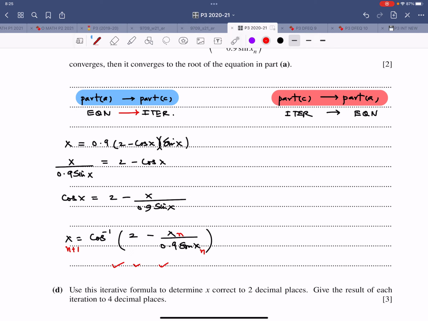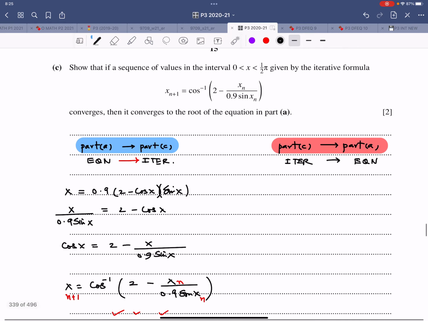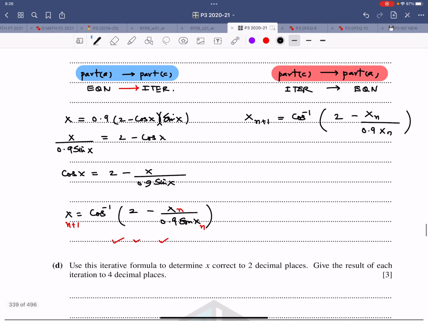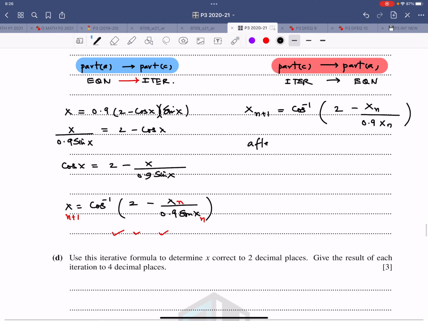What about the other one? Iterative formula to the equation. So x subscript n plus 1 is cosine inverse of 2 minus xn over 0.9 sine xn. Now the thing is, after successful iteration, your input becomes the output.